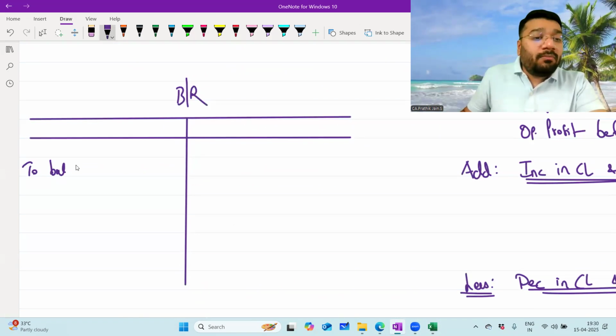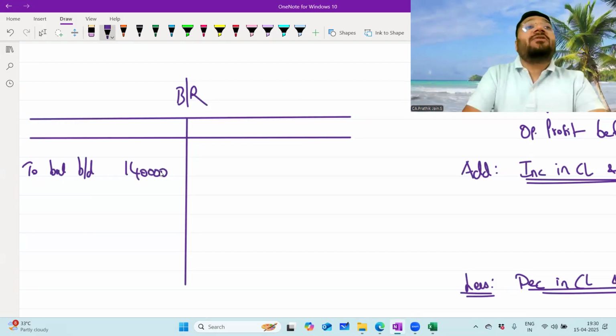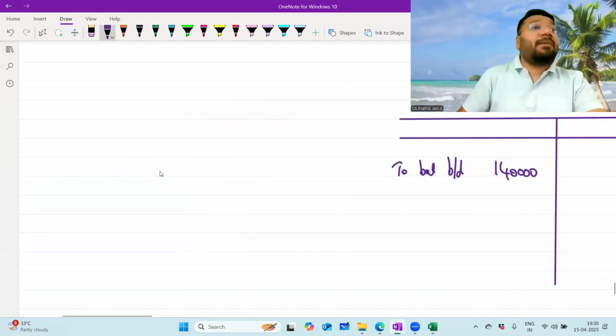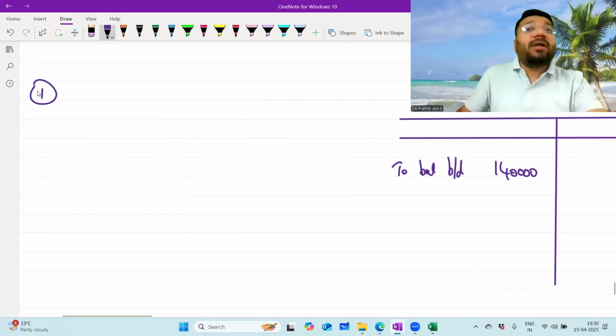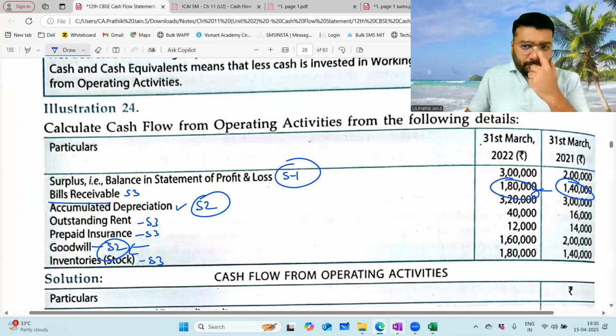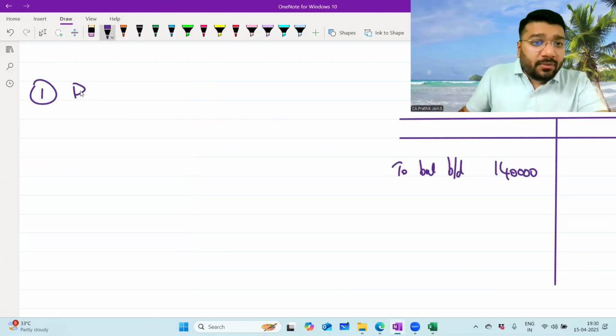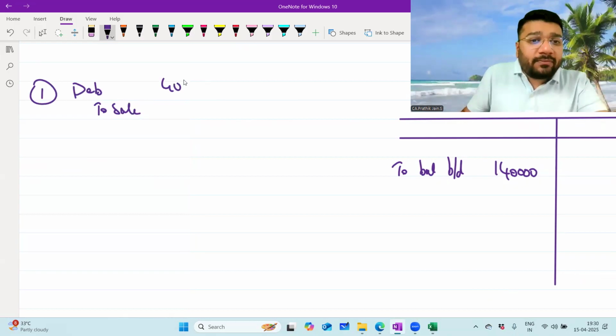To balance brought down, how much? 1,40,000. When does bills receivable come into the picture, sir? When the credit sale happens. So when the credit sale happens, what is the journal entry? Debtor account debit to sale, imagine 40,000.